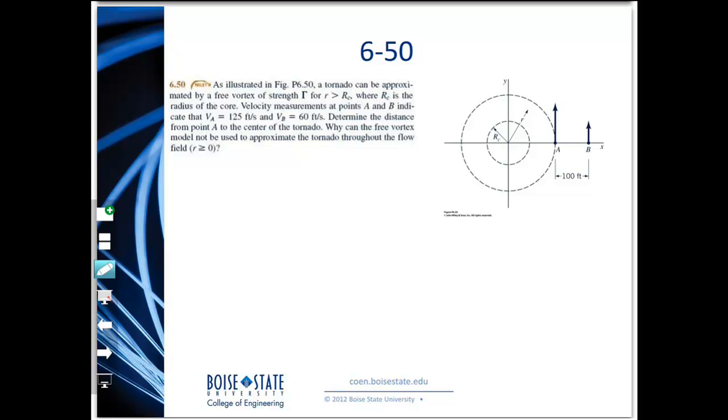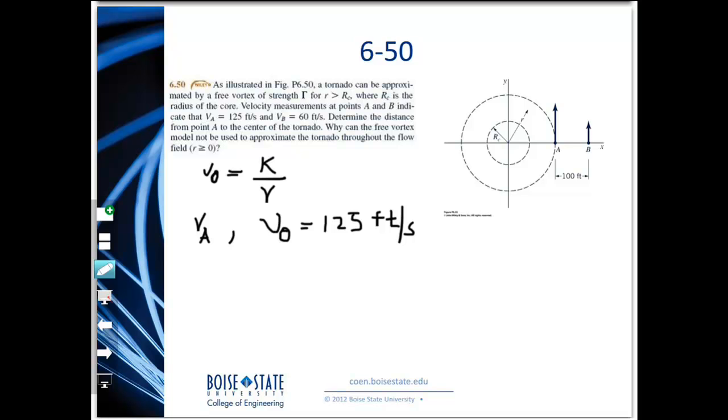So it's a free vortex, so we know that little v theta can be represented as k over r, where k is a constant, r is a radius. So we can define for point A, RA is the radius for point A. So v theta will be 125 feet per second, which we are given in the problem.